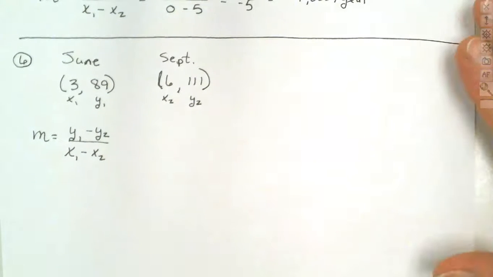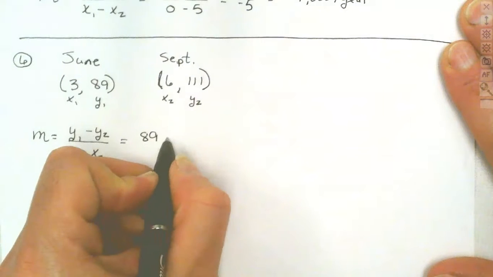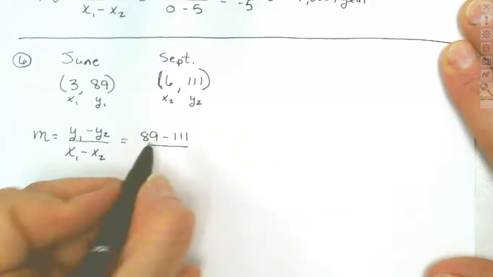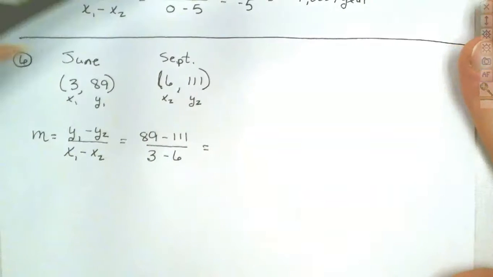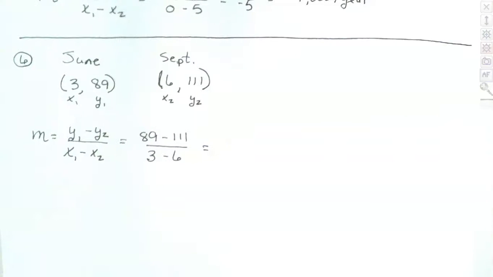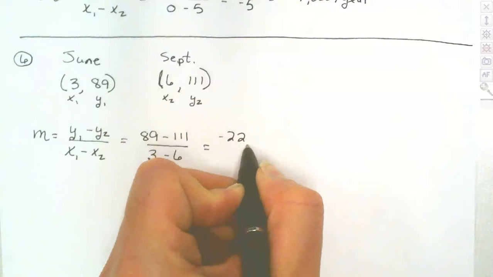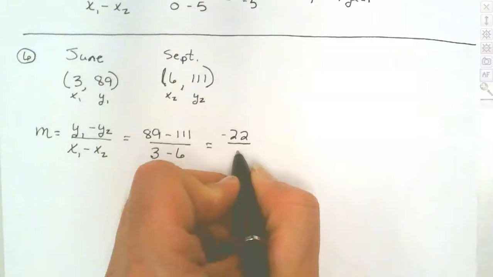Okay, so let's go ahead and work this out. And so we've got 89 minus 111 over 3 minus 6. 89 minus 111. That's a difference of a minus 22. And 3 minus 6, that's a difference of a minus 3.